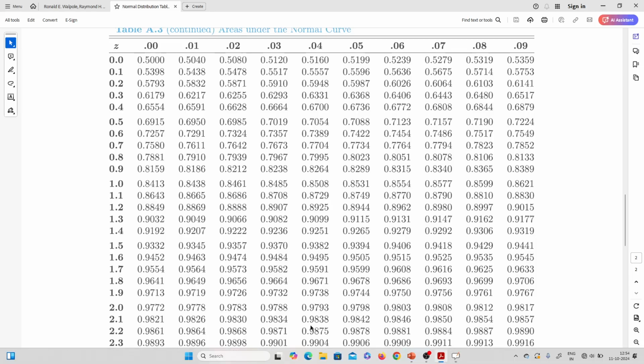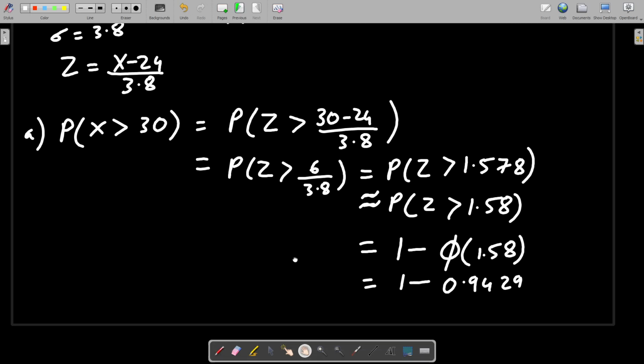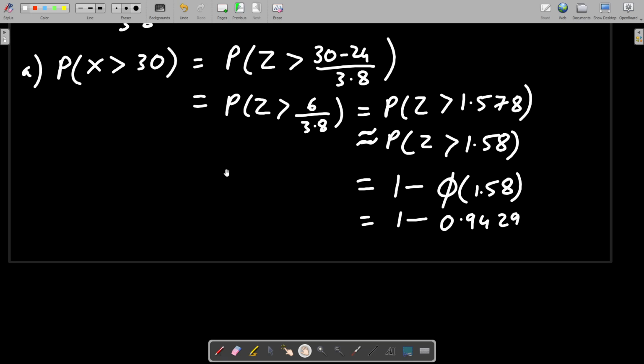So 1.58 from the table will be 1.58 over here, 0.9429. So this will be 0.0571. Okay, so this is the probability that x will be greater than 30.